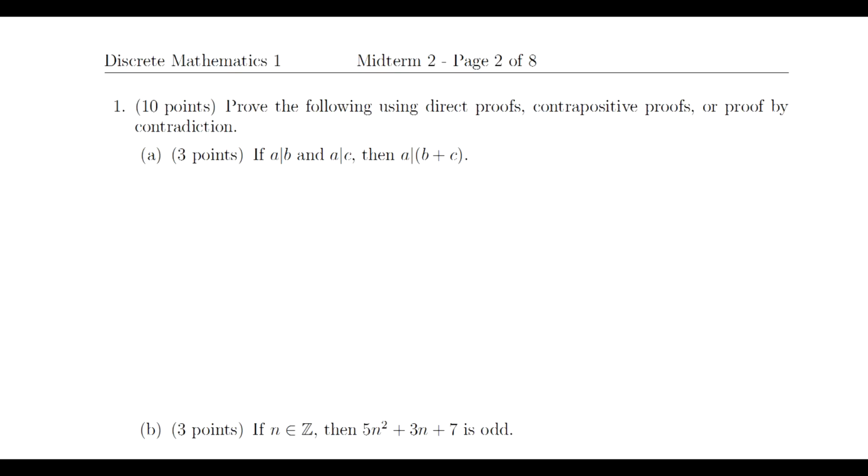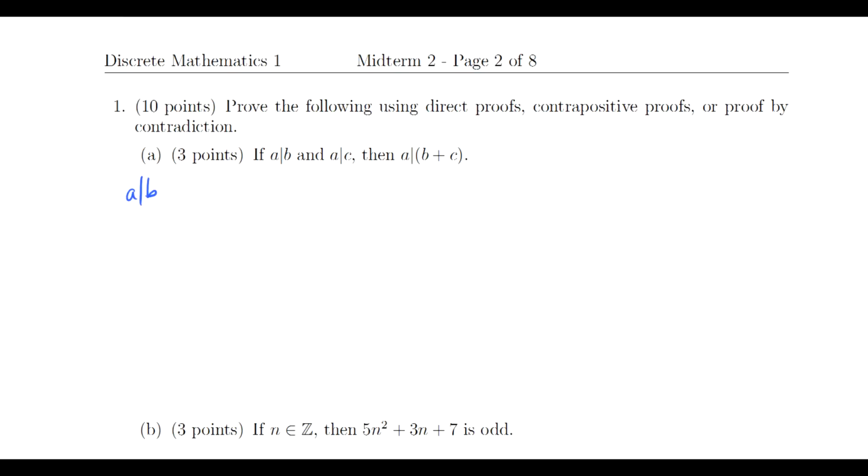Here's a nice one. If A divides B and A divides C, then prove that A divides B plus C. So you can use direct proofs, contrapositive proofs, proof by contradiction. This one we're going to use a direct proof.